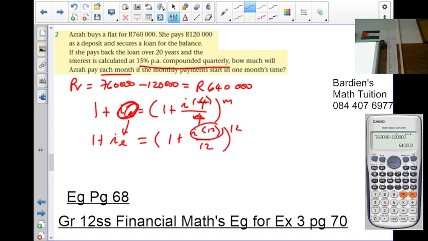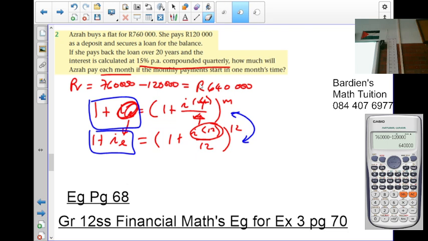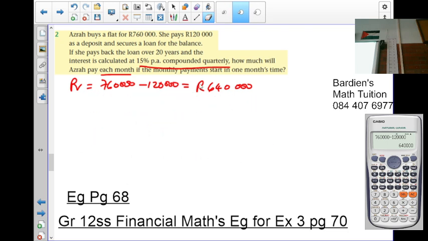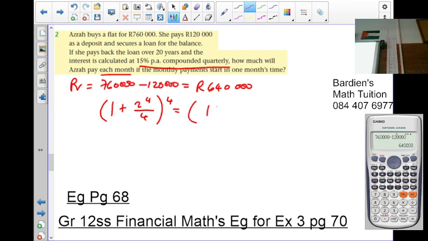Those two are equal, which means I can simply say 1 plus i to the 4 over 4, to the 4 is equal to 1 plus i to the 12 over 12, to the 12. I just derived that from the previous explanation.